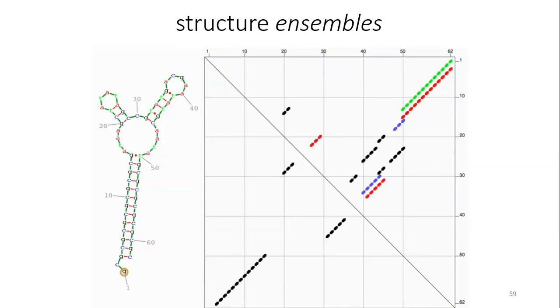So it is possible to represent all possible folding conformations in a single plot, and that is what we call an ensemble. Multiple conformational states, if they are expressed at a single time, or in a single file, you call it an ensemble.